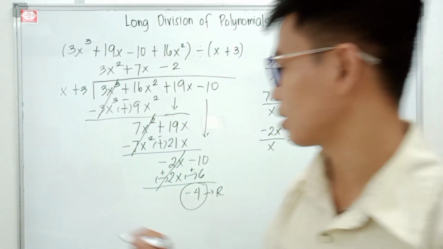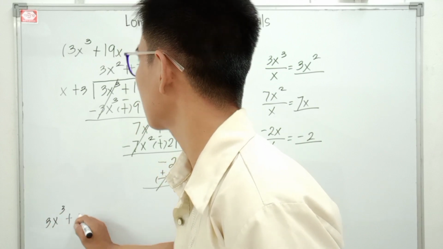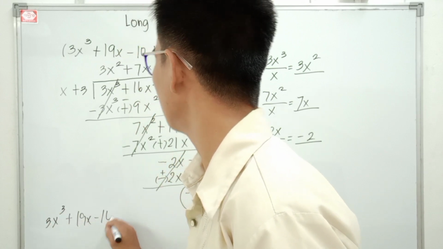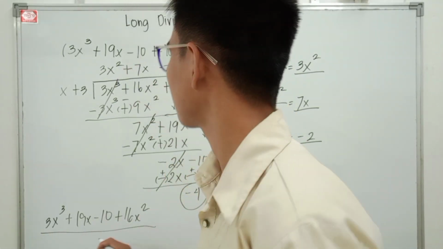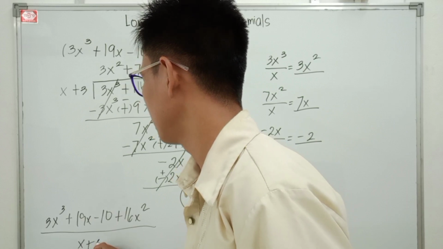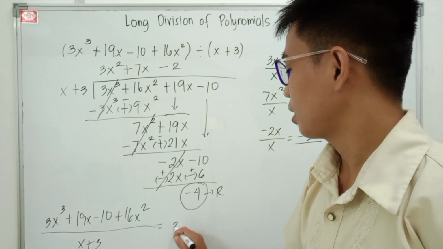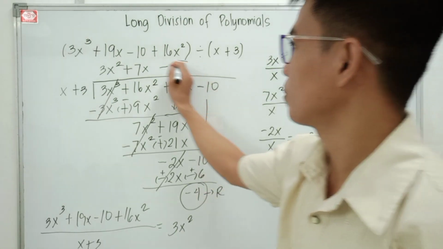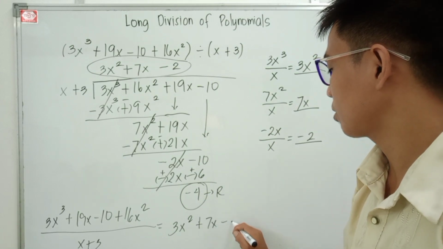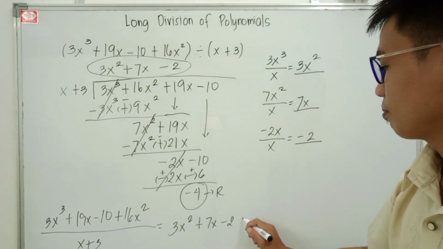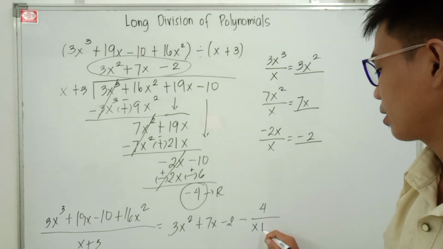Then for the final answer, we have 3x cubed plus 19x minus 10 plus 16x squared divided by x plus 3. So, yung una nating form ng sagot is 3x squared plus 7x minus 2 minus 4 over x plus 3.